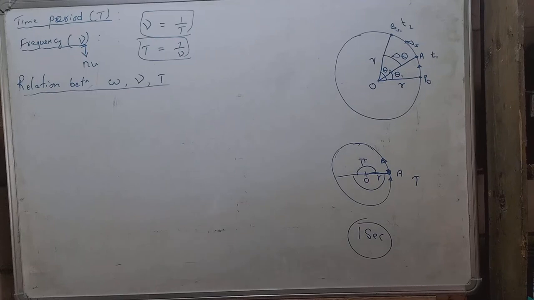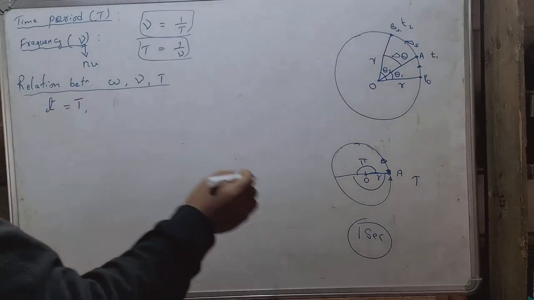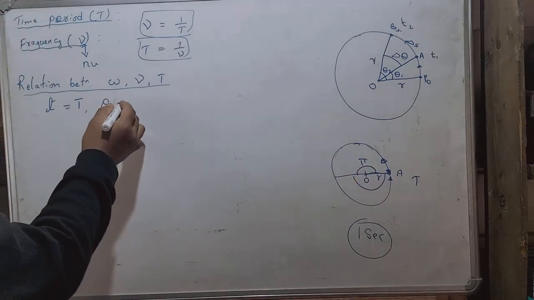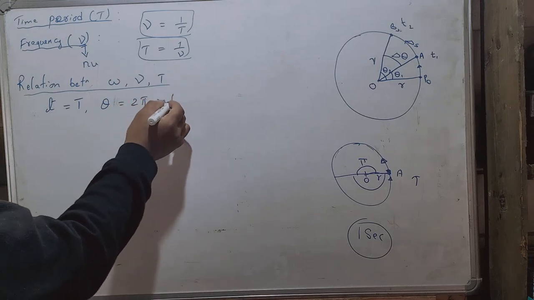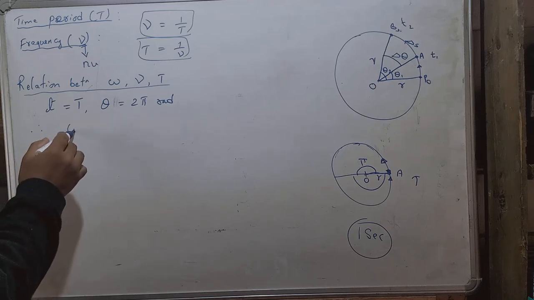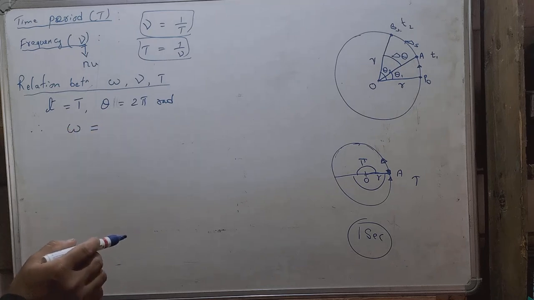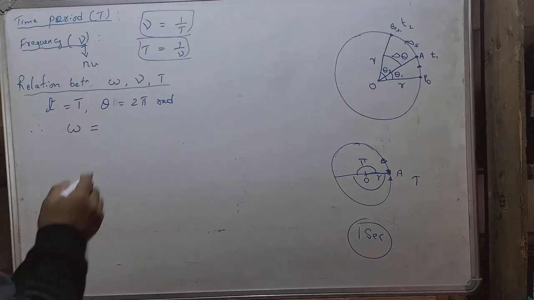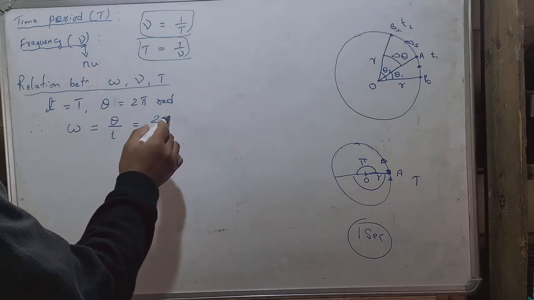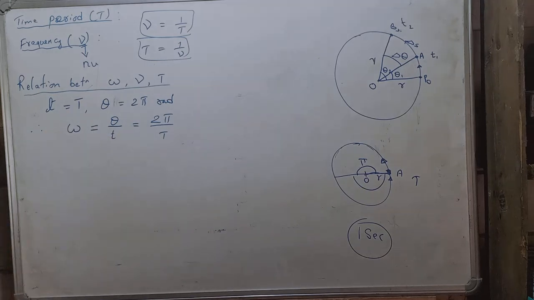So when the time t equals the time period, the angle theta completed by the particle is 2 pi radian. Therefore omega, the angular velocity, defined as angular displacement upon time, is theta upon t, where theta is 2 pi and t is capital T in this case.